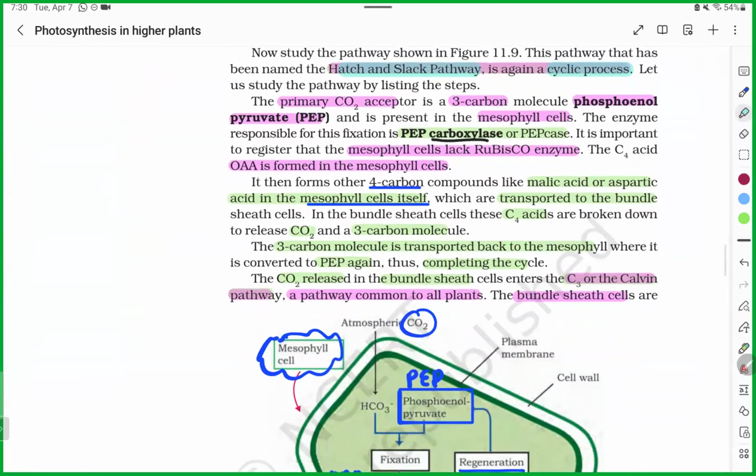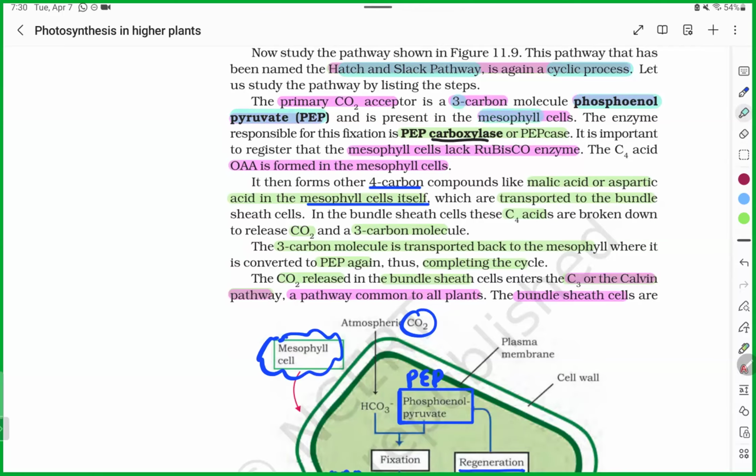In C3 plants, the primary CO2 acceptor is RuBP. Here, it is the 3 carbon phosphoenol pyruvate. In C3, RuBP; in C4, phosphoenol pyruvate. This is present in the mesophyll cell.